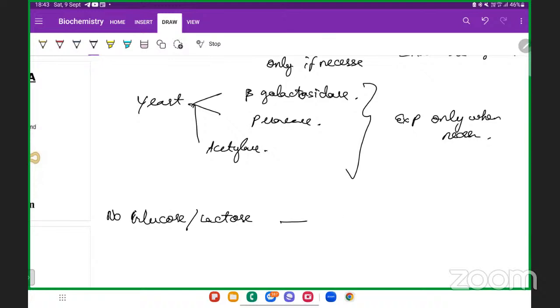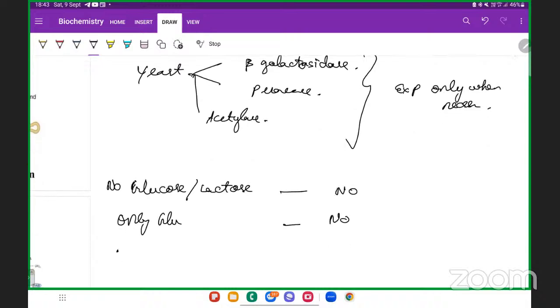If you have only glucose, then also it is not going to express, as there is no work. But when there is lactose, which is what your yeast needs, it will express. Only at that time will there be transcription.